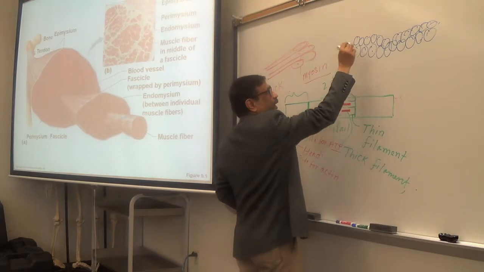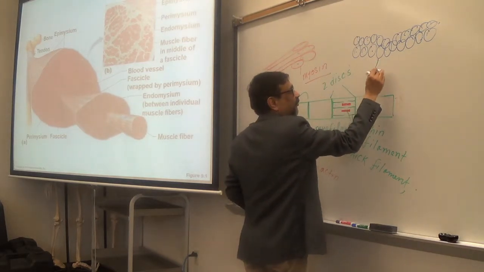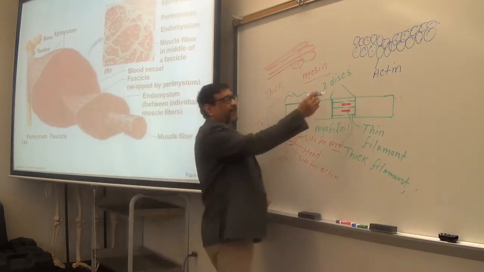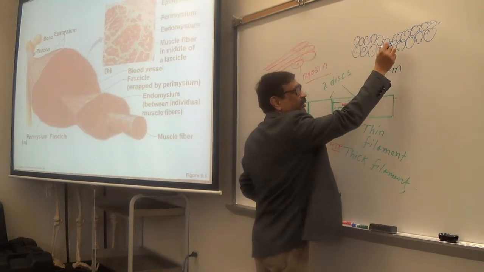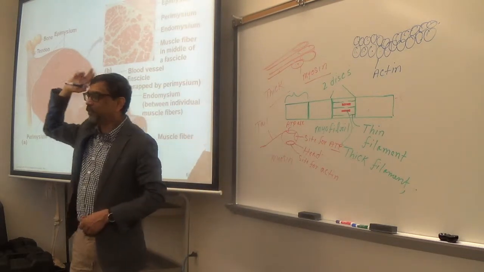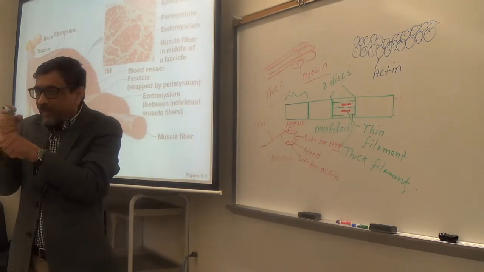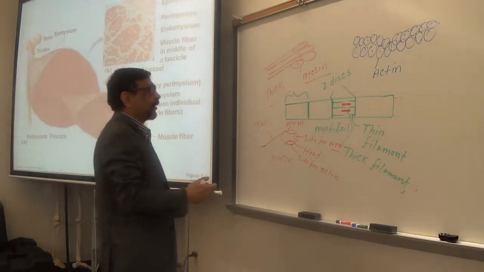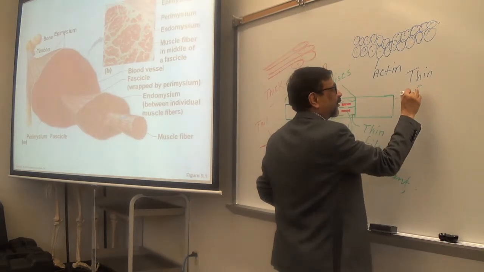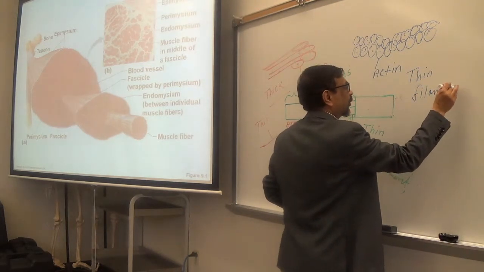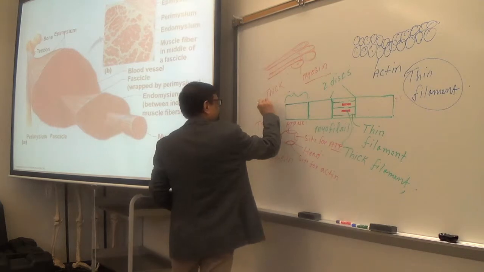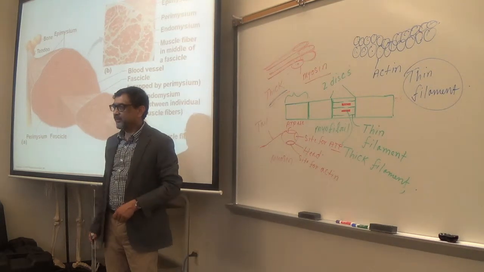And these balls are called actins. Okay, so many actin molecules or balls joined together to form how many chains? I said 2 chains. Okay, make sense? So 2 chains are together in thin filament. So this is thin filament. Okay, so that is the structure of a thin filament, and this is the structure of a thick filament. Okay, make sense? Got it?